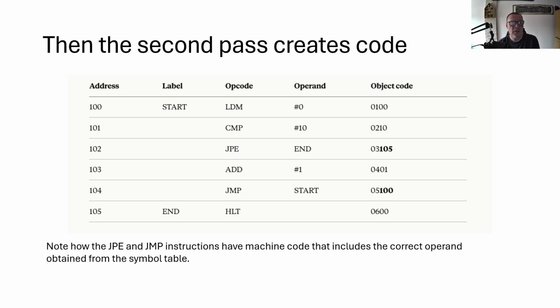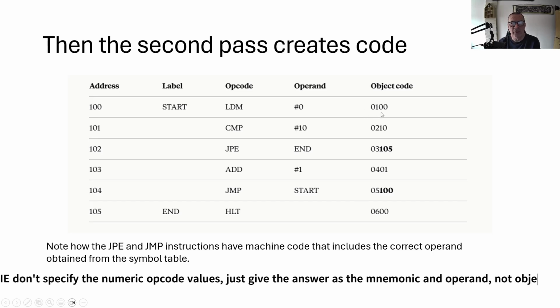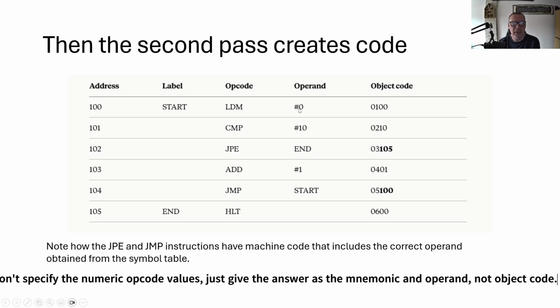So here's the machine code or object code version of the program. We need to know a couple of things. We need to know the opcodes for these instructions. So LDM, in this case, we've got a 01 opcode with an operand of 0. So this was immediate addressing.